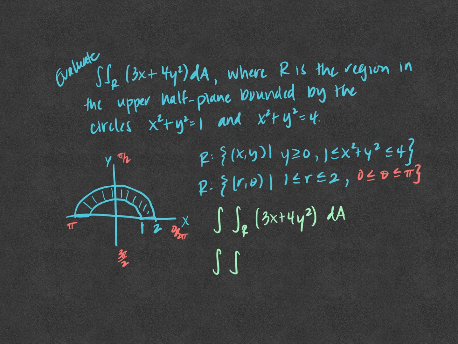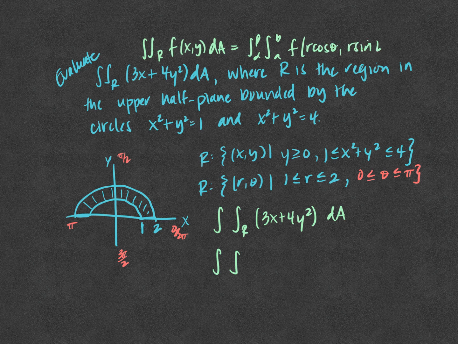The double integral over R of f of x, y with respect to A is equal to the integral from alpha to beta, the integral from a to b, of f of r cosine theta, which is your x value, r sine theta, which is your y value, times r, and then we have dr d theta.